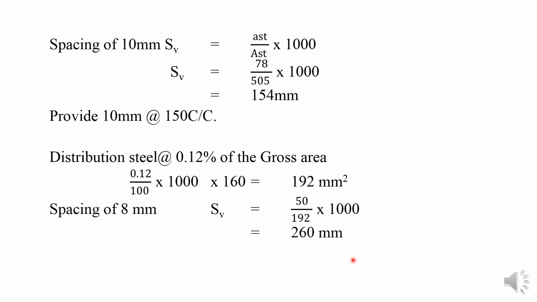So we will get a value of 260 mm. So provide 8 mm diameter rod at 260 mm for distribution reinforcement. So 10 mm at 150 mm center to center for main reinforcement, and for distribution provide 8 mm at 260 mm center to center.